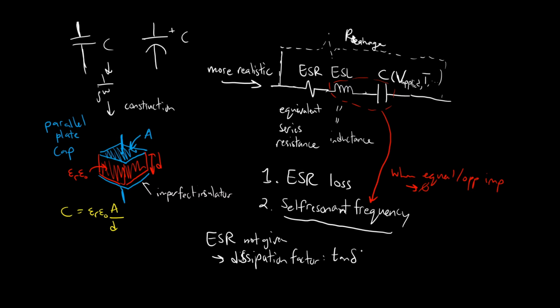This delta represents the angle between the resistance, ESR, and the capacitance, C. ESR you can calculate from tan delta, and it's equal to tan delta over omega C, right? So it's some frequency dependent resistance. They don't give you ESR directly because it actually varies over frequency, so it's more accurate to give this number.